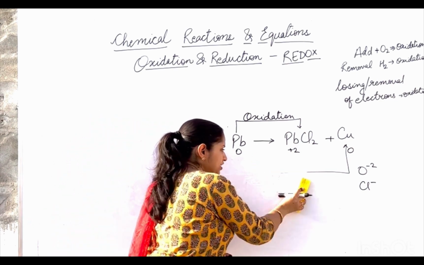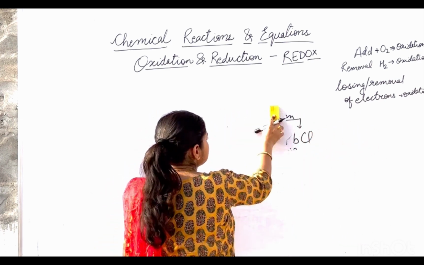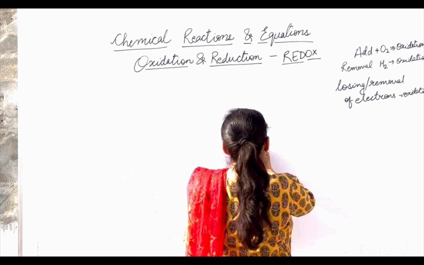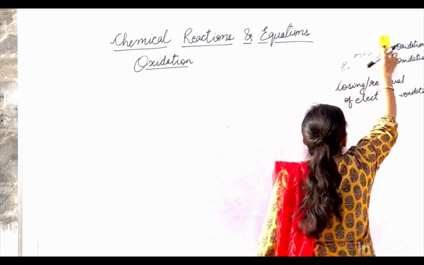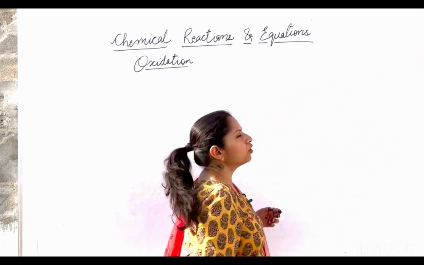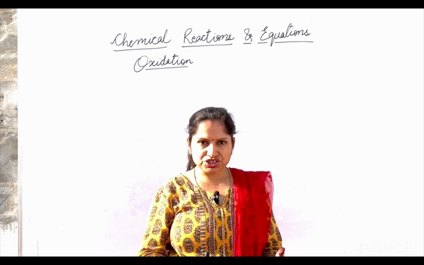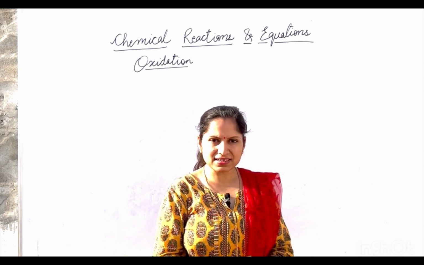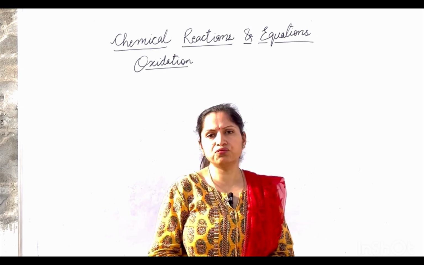Now, looking at examples of oxidation in daily life. In daily life also there is sometimes oxidation of substances around us that we are going to consider. Oxidation in daily life could be of some materials around us, some metals, or it could be the oxidation of food items.